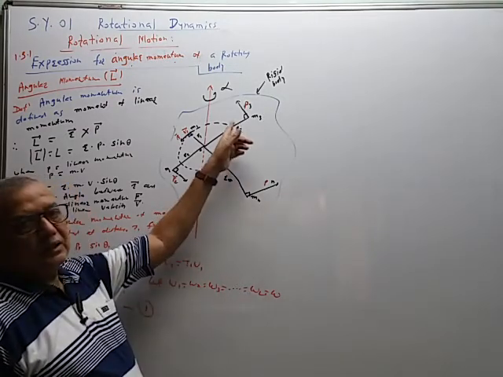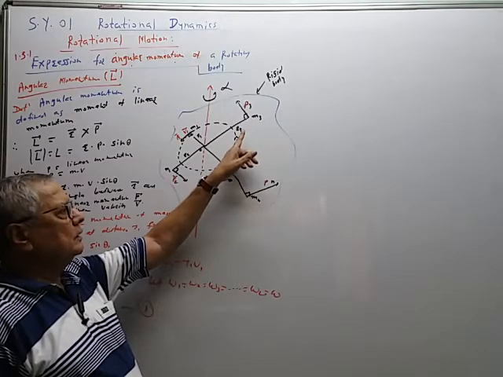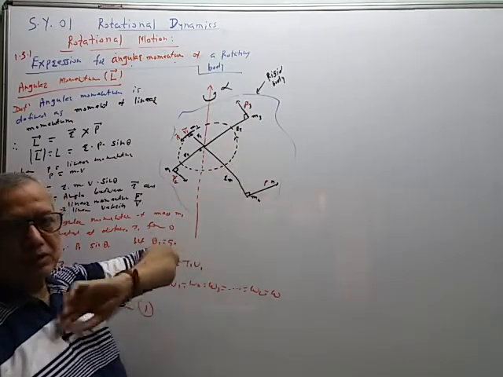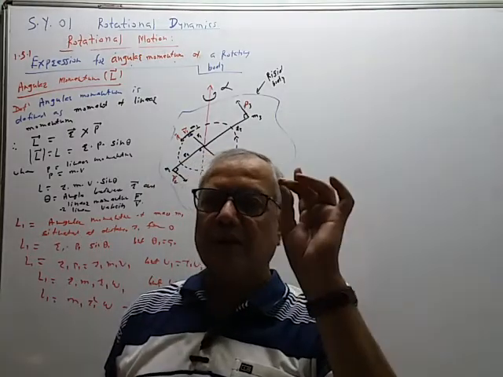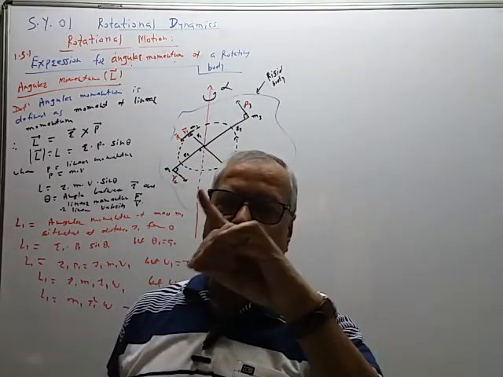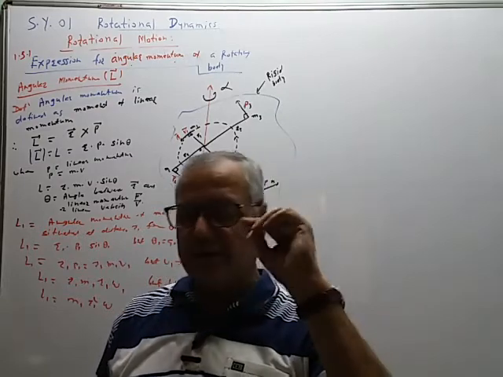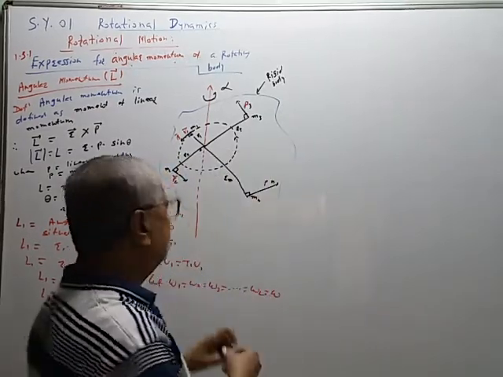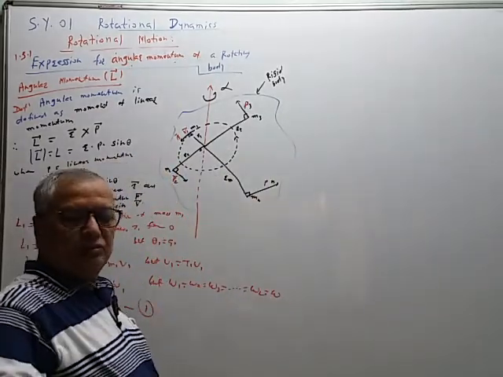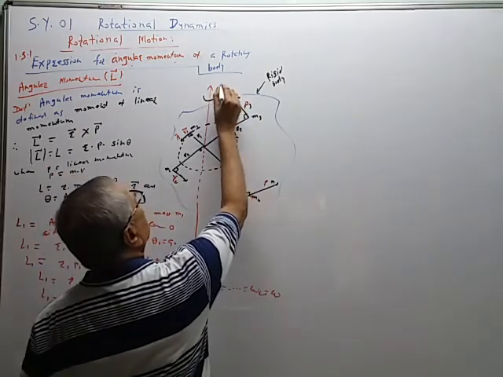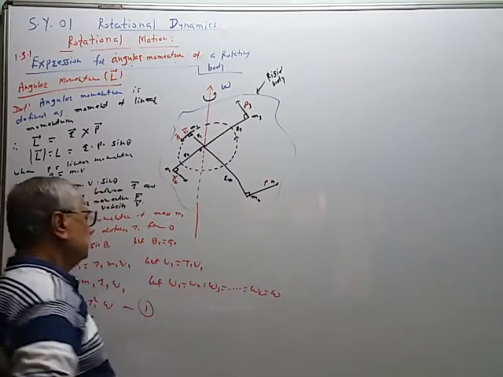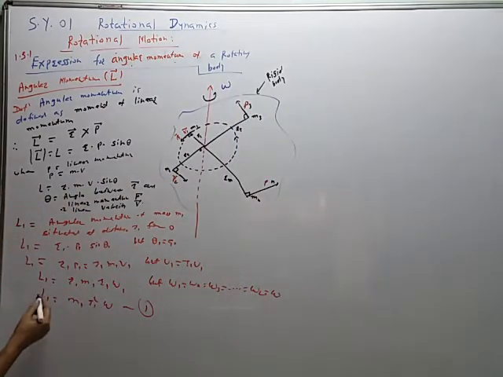So all the particles not lying on the axis of rotation have the same angular velocity, the same angular acceleration, therefore omega 1 is equal to omega 2 is equal to omega, the angular velocity of the whole body. So again in the figure we will change here like this. The body is rotating with uniform angular velocity omega. So this is the equation for the angular momentum of the first particle.